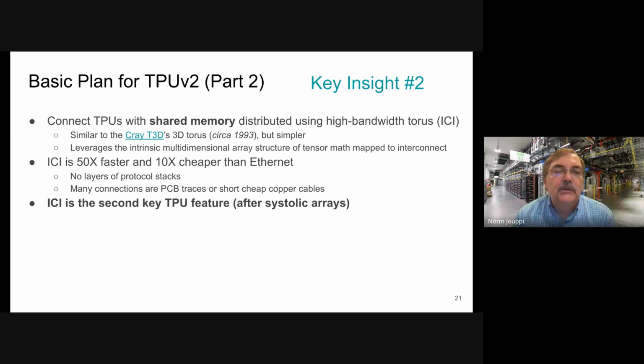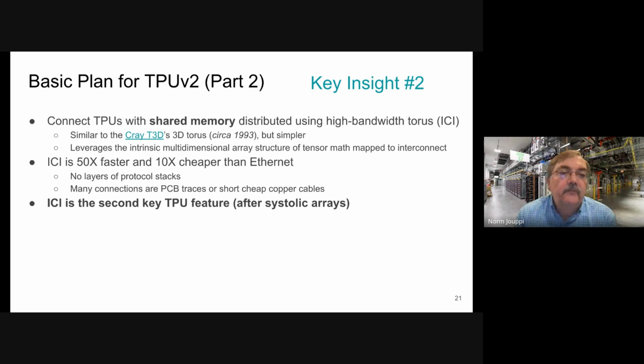The advantage of the torus is for regular computations, and ML tends to be fairly regular. People have experimented with sparsity, but in general, everything is either big or small dense matrices and some vectors.